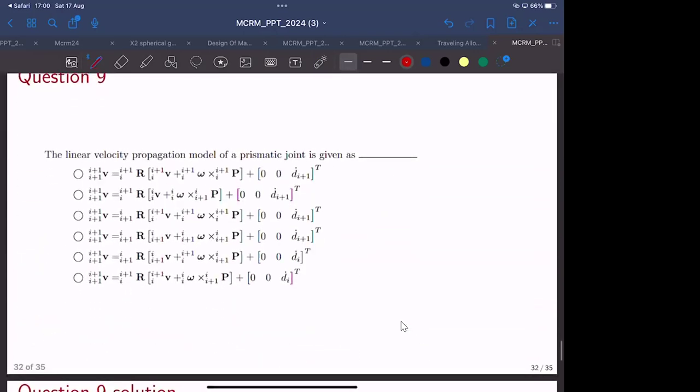So yeah, going to the second last question, it is asking us about the linear velocity propagation model of the prismatic joint.